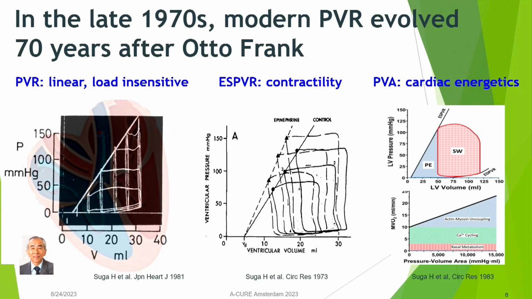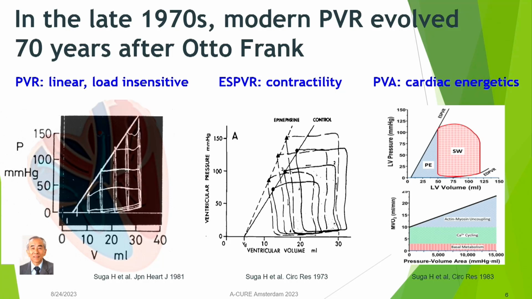He demonstrated that ESPVR is linear, and that slope represents the contractility of the heart. Furthermore, pressure volume area is a measure of cardiac energetics. So it's great. I felt so great. Yet I felt at the same time something is missing.